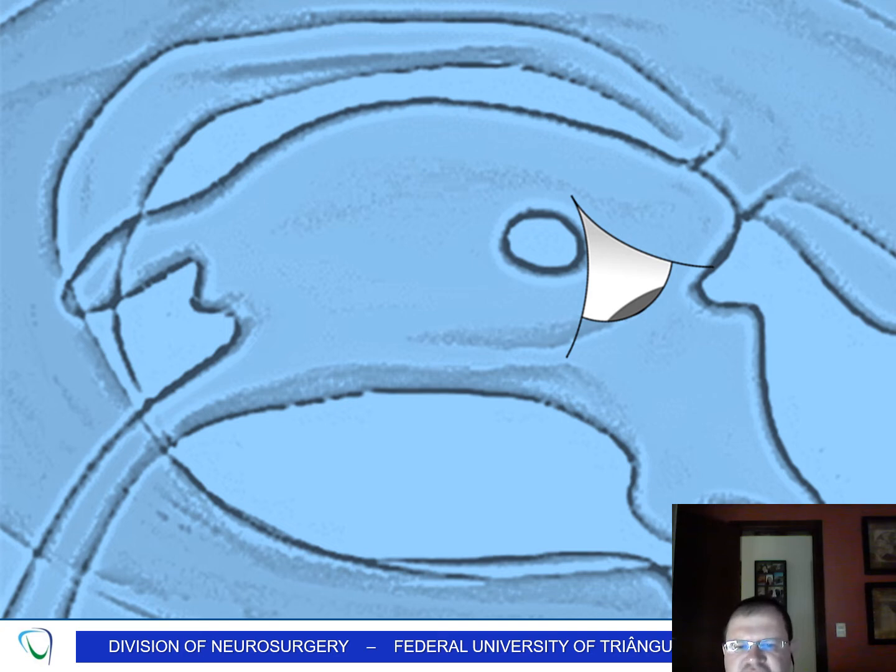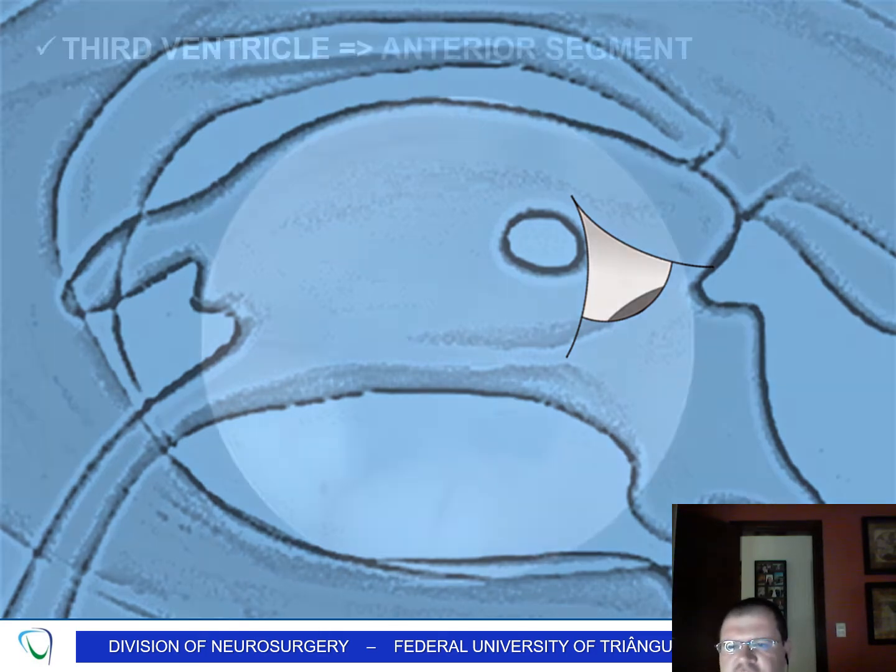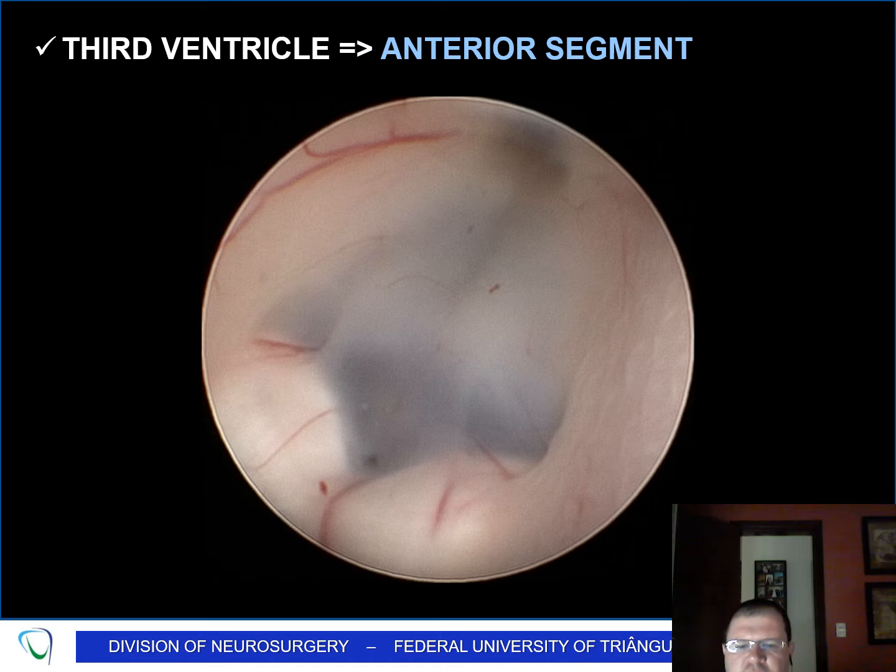Let's focus our attention on the anterior part of the floor of the third ventricle. We can see these important structures for performing the main endoscopic approach to the third ventricle, the endoscopic third ventriculostomy.